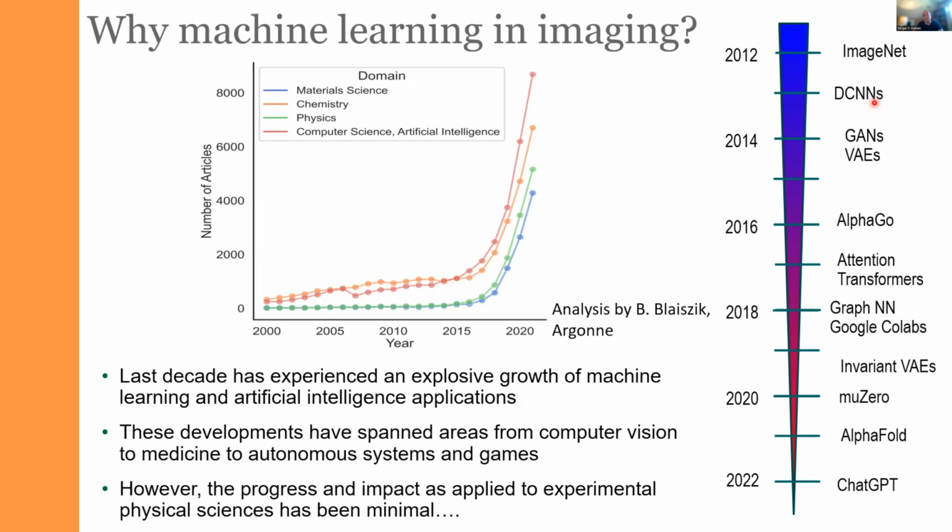Just as a few notable milestones, 2014, less than 10 years ago, in fact, saw the emergence of generative adversarial networks and variational autoencoders. Some of the leaders in the field of artificial intelligence referred to GANs as the invention of the decade. Turned out they were not exactly right, because after that, the inventions of the decade were appearing almost every year. A big splash was the development of AlphaGo, which was the first example of a computer playing games better than a human.